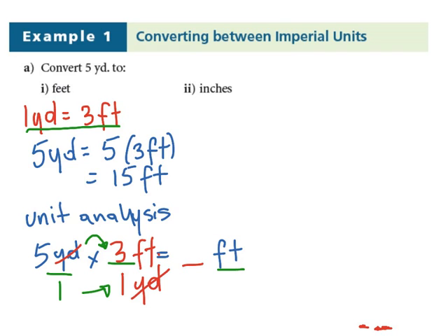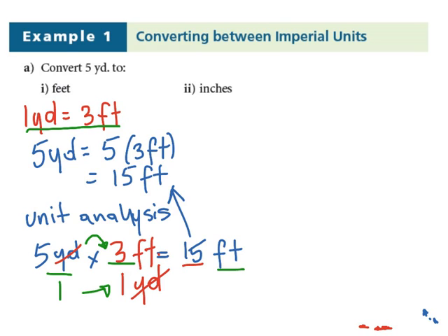So 5 times 3 turn out to be 15 feet, the same as the answer above. Now this is a little bit tricky initially to do. However, once you get a little bit more in depth in it and practice more, you'll get it.